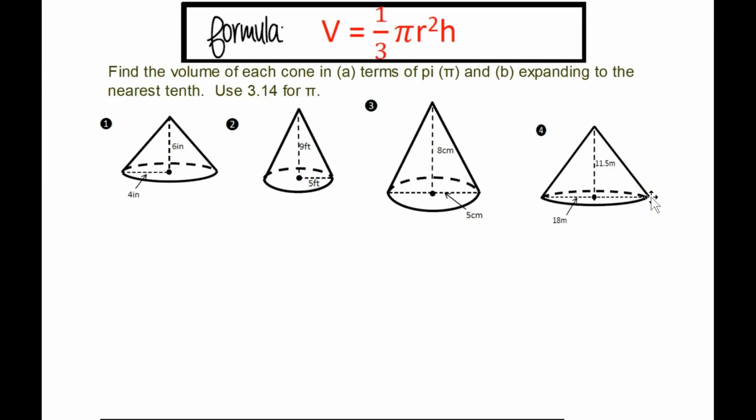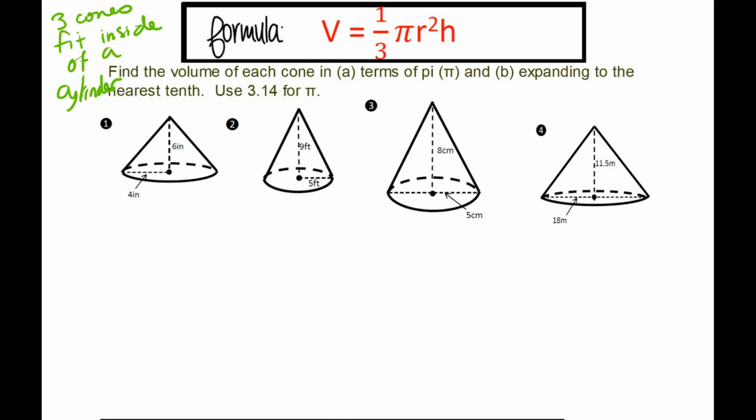Volume formula of a cone. We just said, and y'all write this down, 3 cones fit inside of a cylinder. Cylinder, Mr. O'Neill. Cylinder. So we're going to do this in terms of pi, and then we're going to do this as a whole. And we're only doing 3, okay?